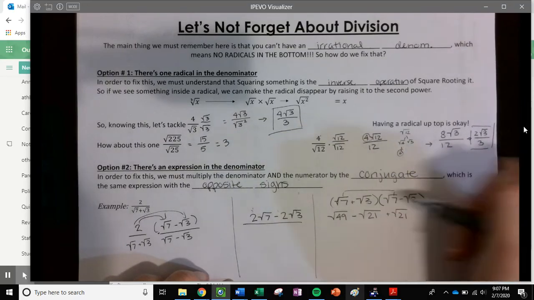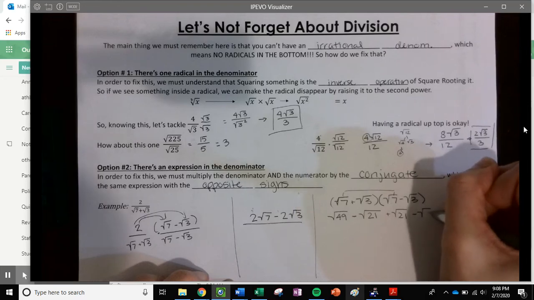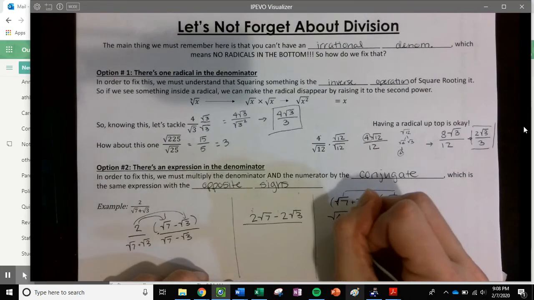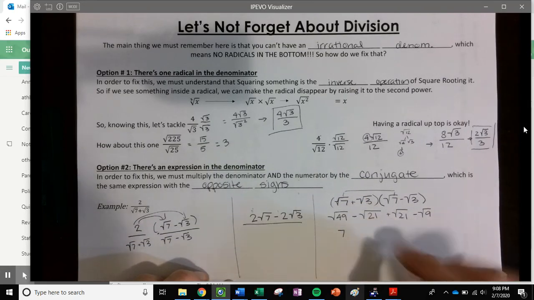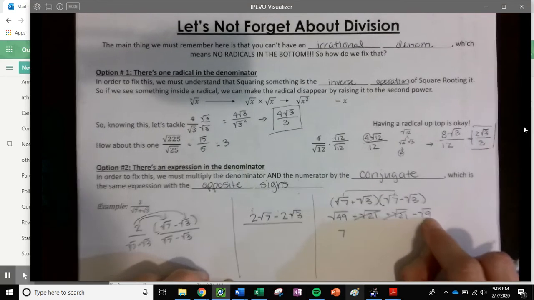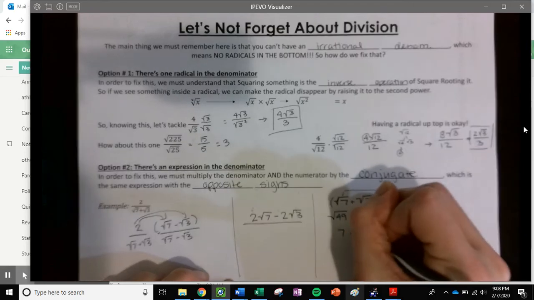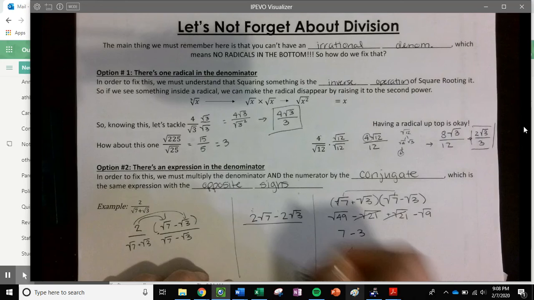And then the square root of 3 times the negative square root of 3 will be the negative square root of 9. Okay, 49 we know squares out to 7. Negative 21 plus positive 21, those two things cancel out. And the square root of 9 is 3. So 7 minus 3, well, that is 4.